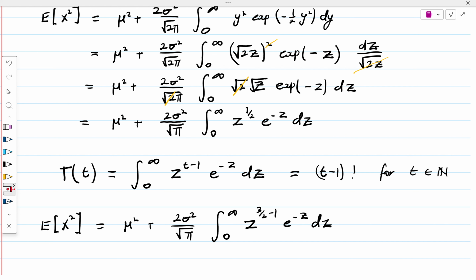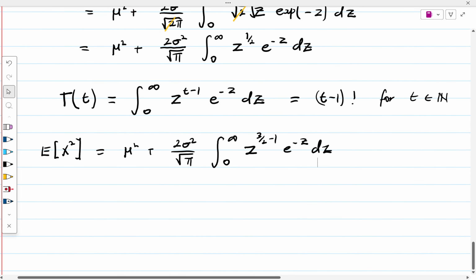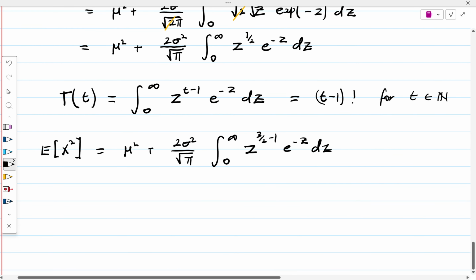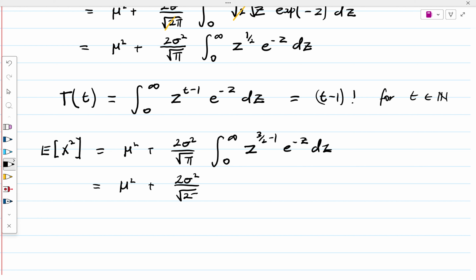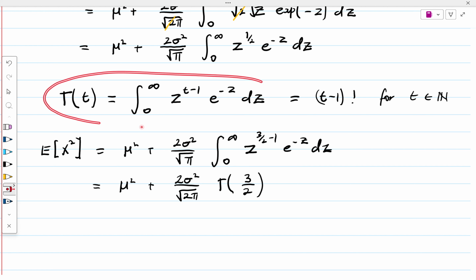We now have an expression that looks exactly like the gamma function. And then from here, we can therefore write this is equal to mu squared plus 2 sigma squared on square root 2 pi gamma of 3 on 2, by definition of the gamma function above.